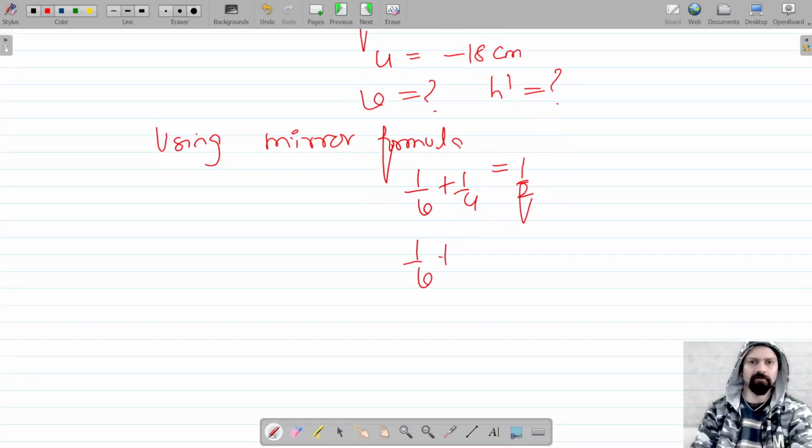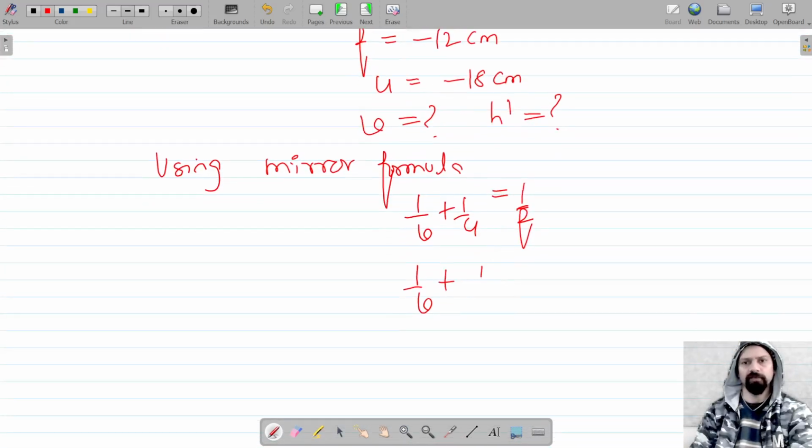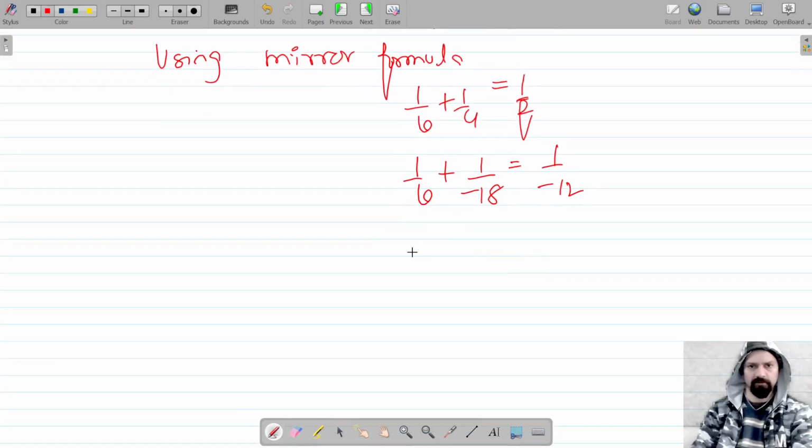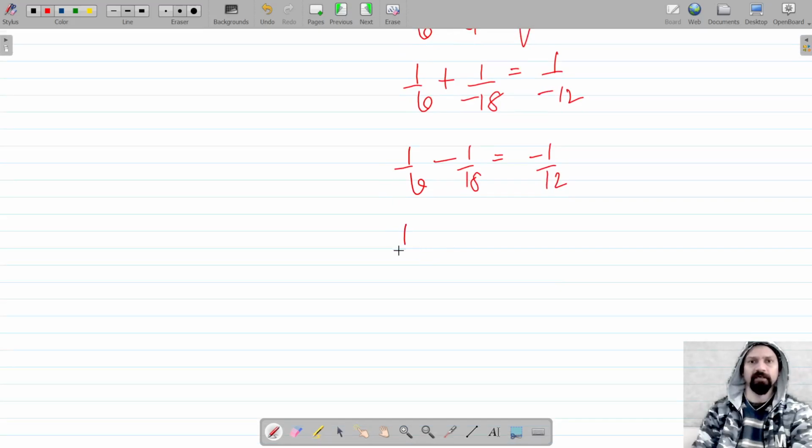Okay, next, look. 1 upon u, u is negative 18, and f is negative 12. So this is 1 upon v, negative 1 by 18 is equal to negative 1 by 12, and 1 by v is equal to negative 1 by 12 plus 1 by 18.